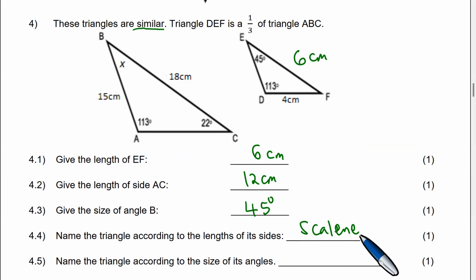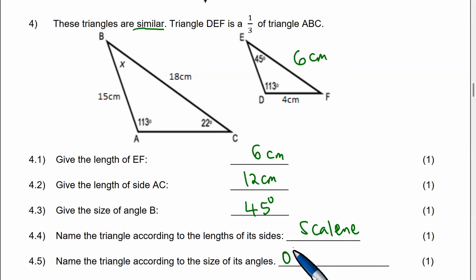Equilateral means all the sides are equal and all the angles are equal. So, yeah, in this case, not. Wait, is it an obtuse angle? Yeah, it is called an obtuse.